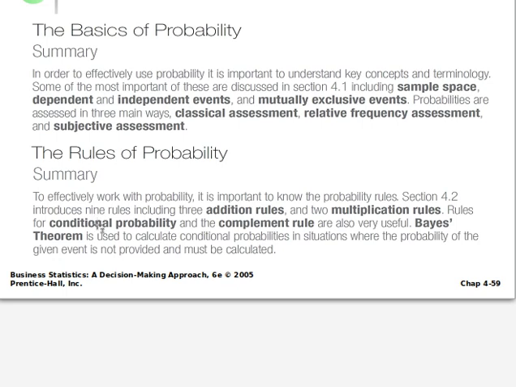Rules for conditional probability and the complement rule are also very useful. Bayes' theorem is used to calculate conditional probabilities in situations where the probability of the given event is not provided and must be calculated.